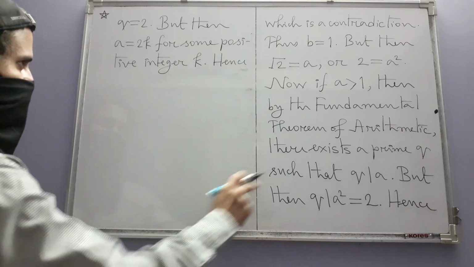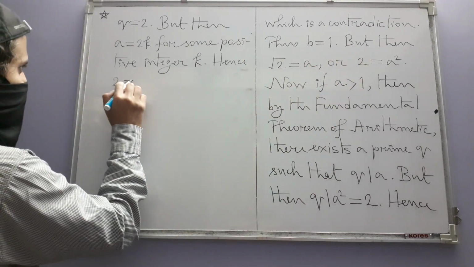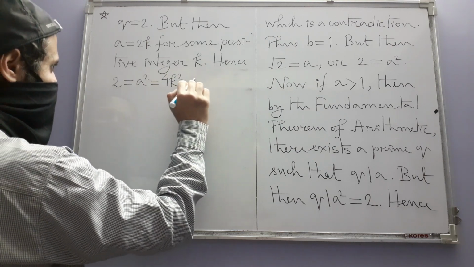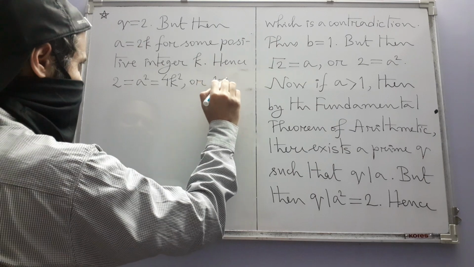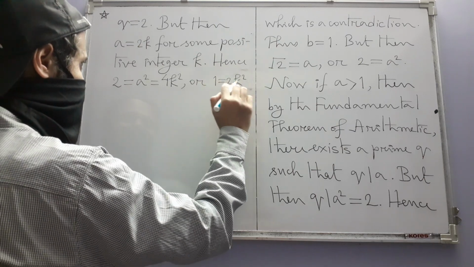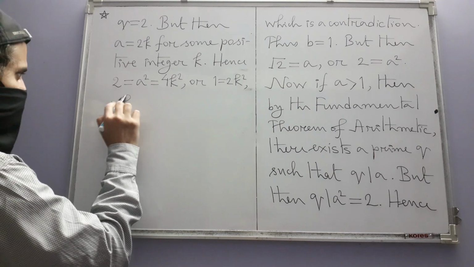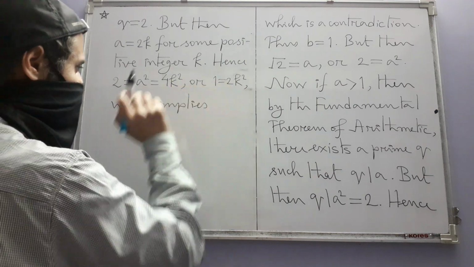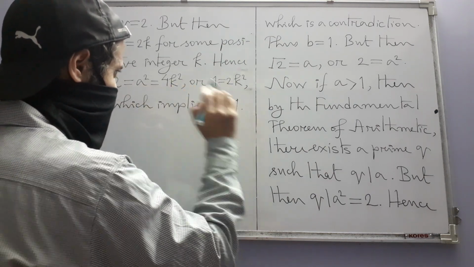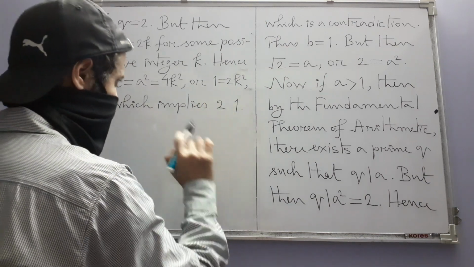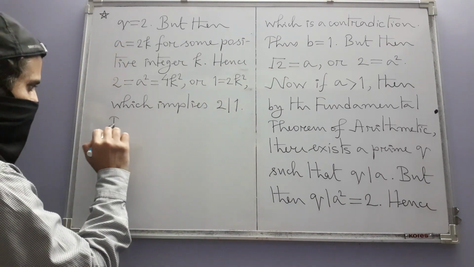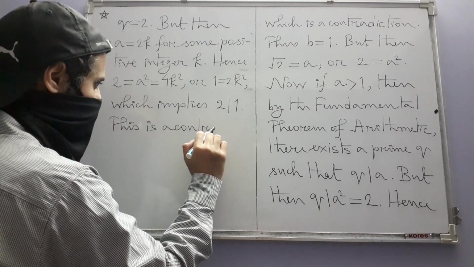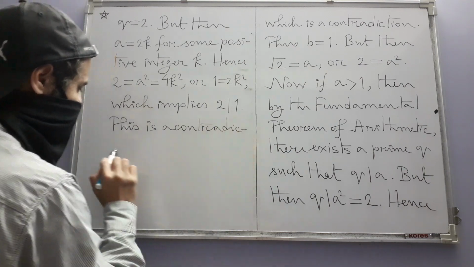Hence, now we can use this equation once more, and after cancellation we get this, which implies that 2 divides 1. And this cannot be true. This is a contradiction.